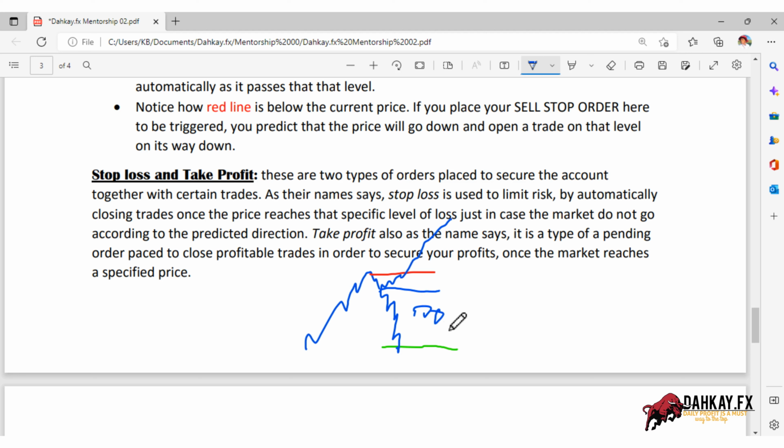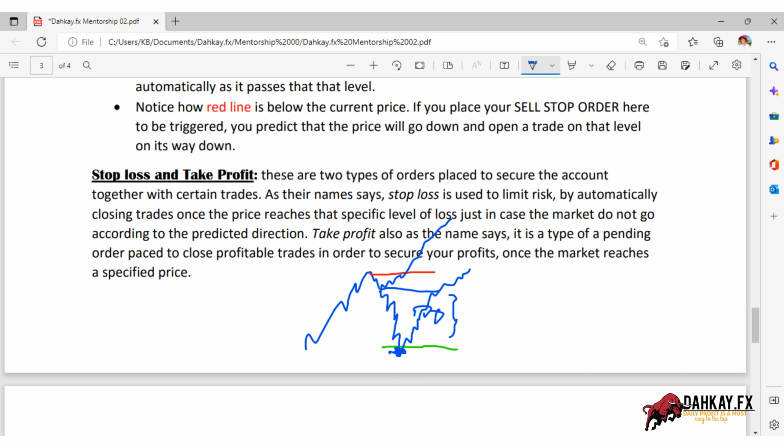So this $100 will be kept in your account once the market reaches this take profit of yours. In that way, your account will be saved from losing the profits that you have once the market returns and goes against you. So once it reaches this level, your profits will be saved.